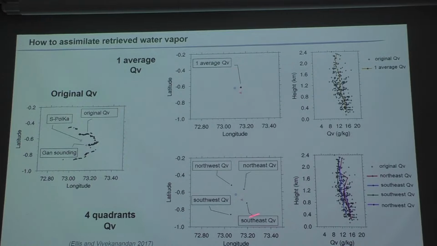Or from the previous study, they divided it into 4 different quadrants to represent the vertical profile of the humidity in different directions. So we also follow the same way, assimilating one average vertical profile of the humidity, or assimilating the information in 4 different quadrants.